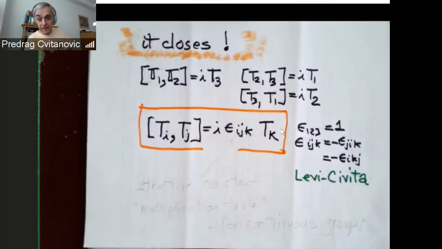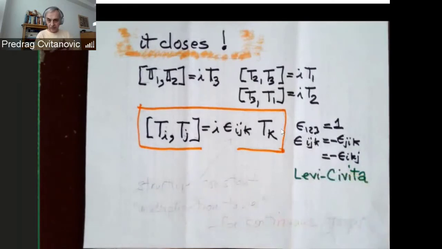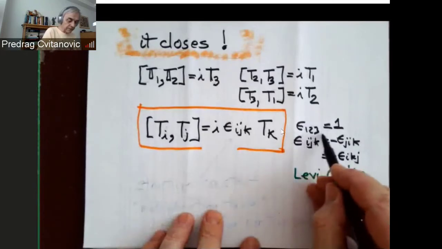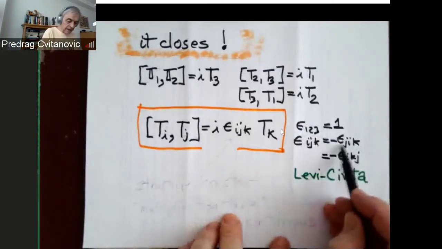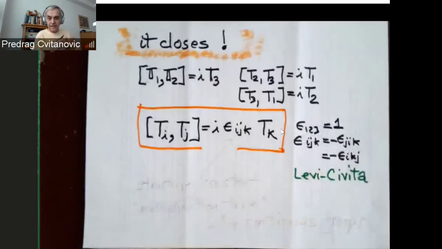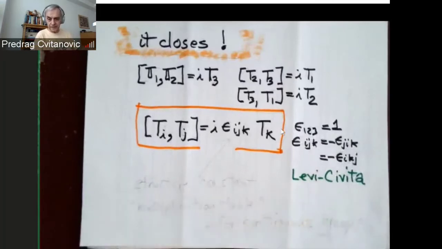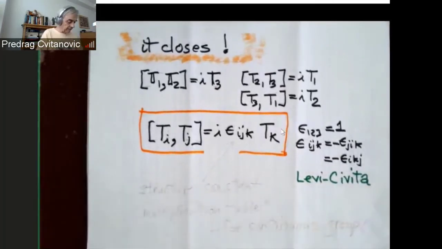It's a 3-dimensional array of objects, but it has value 1 when all the indices are different and they're correctly cyclically ordered 1, 2, 3. Every time I mess up the order, I'll get a minus sign, so it'll be minus 1. And if any index repeats, I get a 0 because antisymmetric object is 0 if you have the same index.